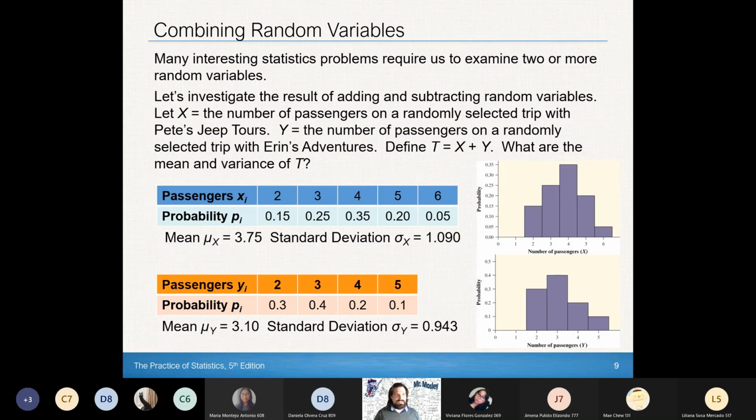You don't need to have the same size sets. It just changes the number of possible outcomes since they're not the same. And then for Aaron, we have a mean of 3.1 and a standard deviation of 0.943. And we have our histograms here as well.